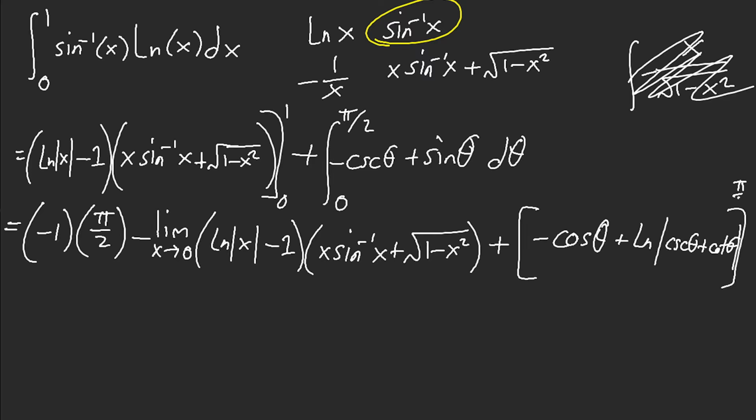From pi over 2 to 0. Oh my god. Woo! Thank God I have this integral memorized, because this would be a pain to do. So plugging in 0, still divergent, so you gotta be careful. You gotta plug in this. Pi over 2, that's 0. Plug in pi over 2.